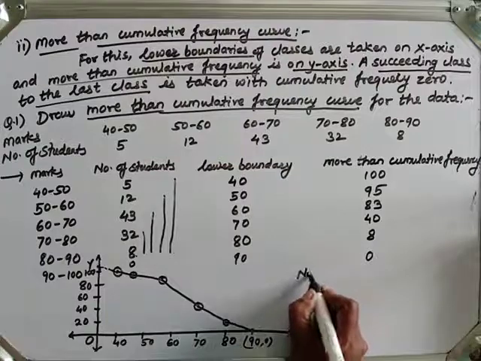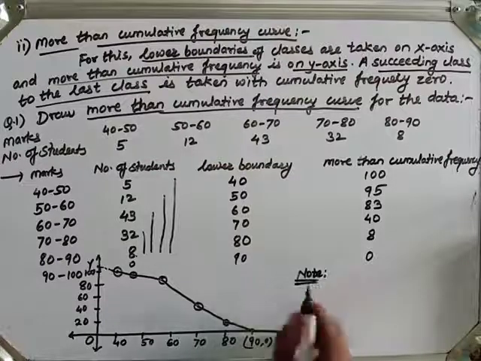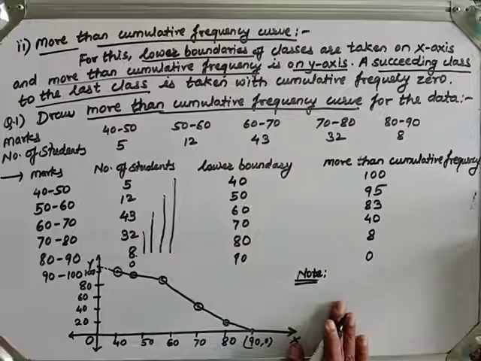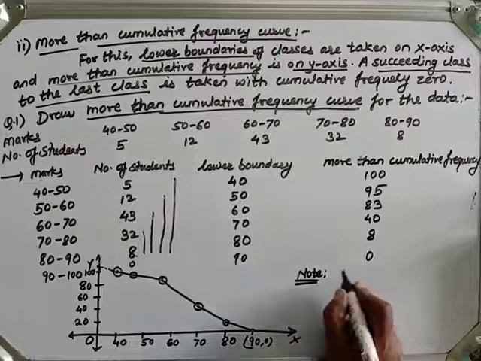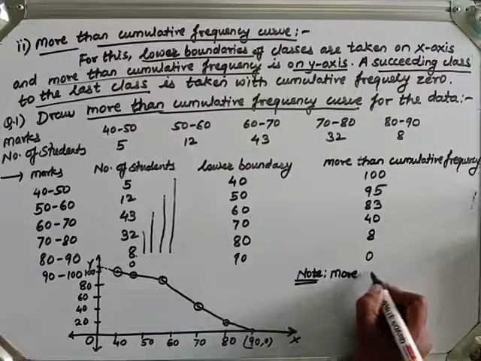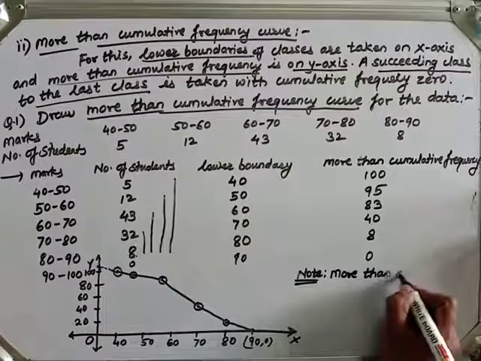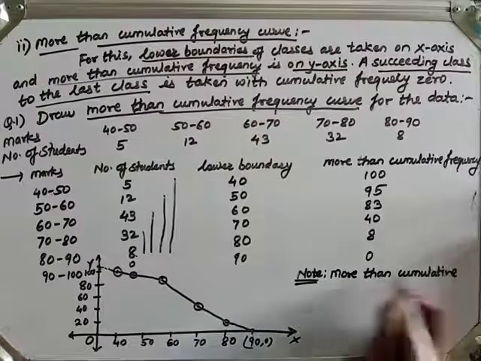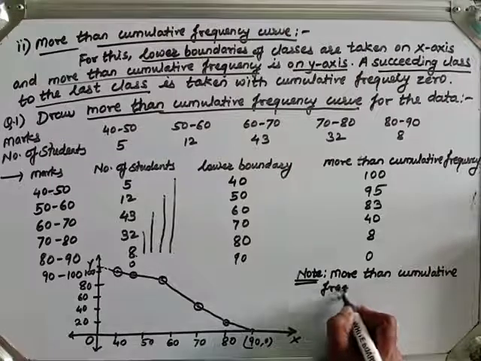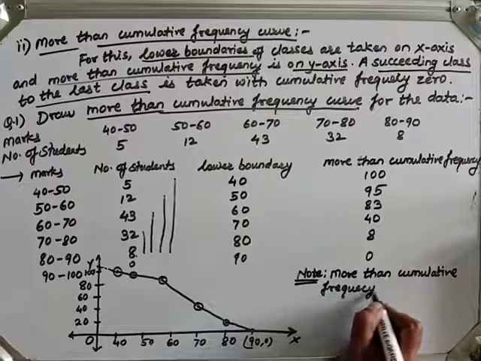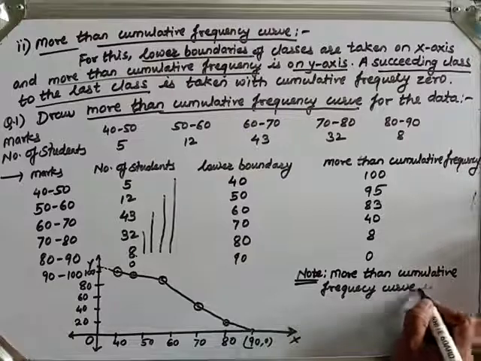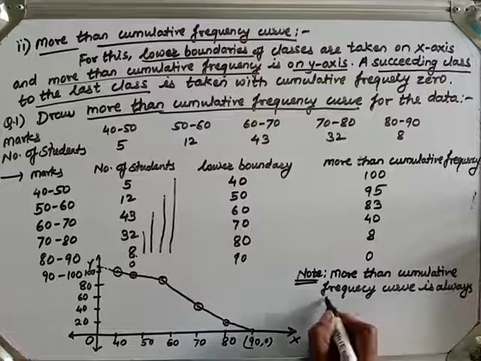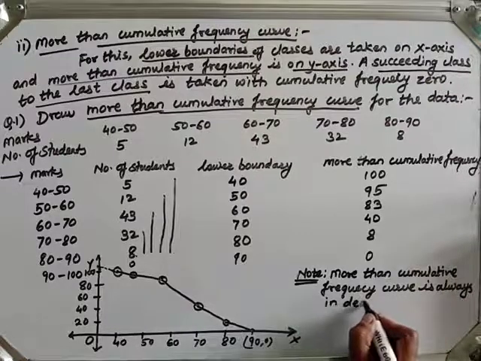As we have written a note for less than cumulative frequency curve that it is always in increasing order, here more than cumulative frequency curve is always in decreasing order.